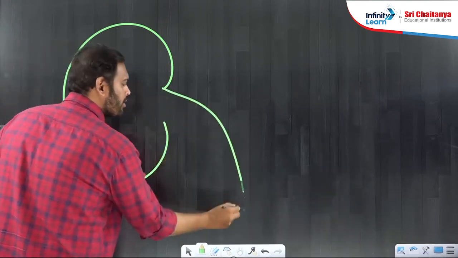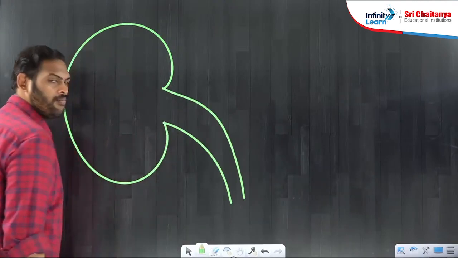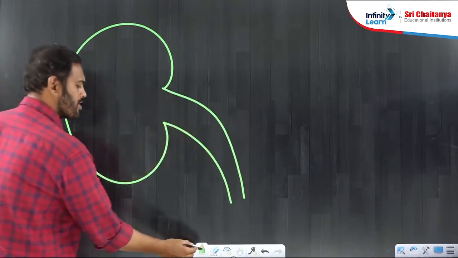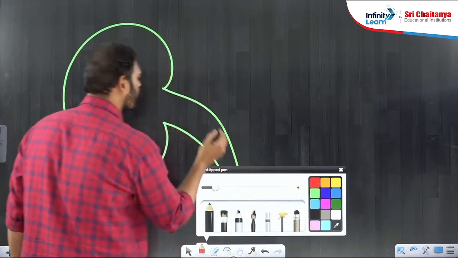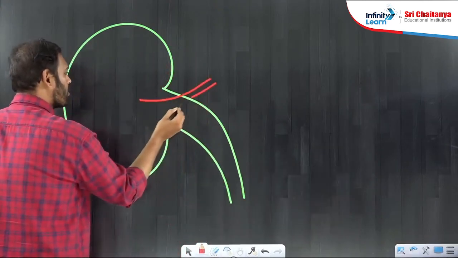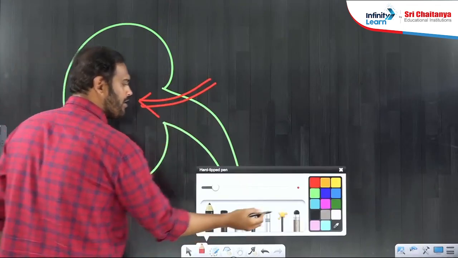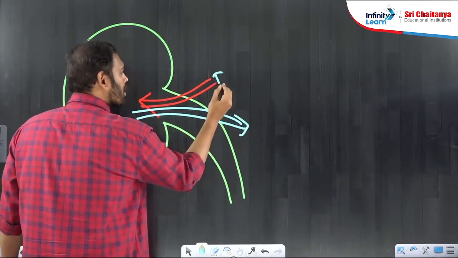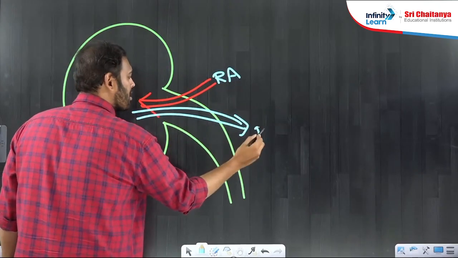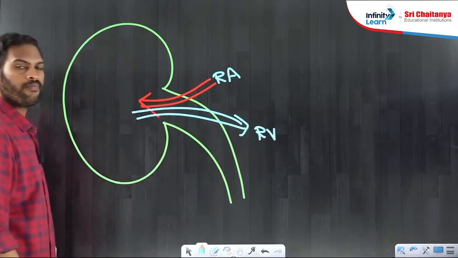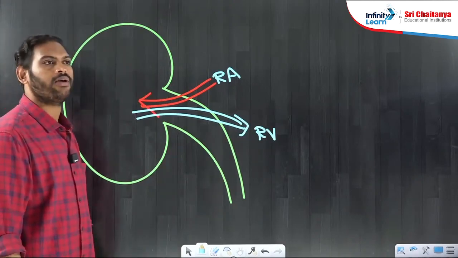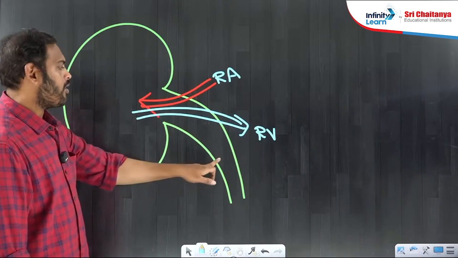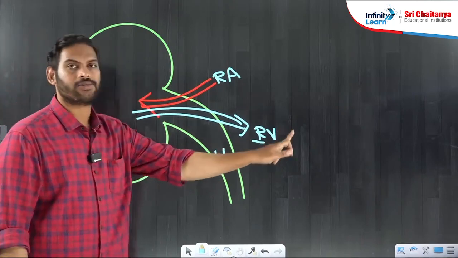The ureter comes out through the hilum because the pelvis extends as the ureter. The renal artery enters the kidney. The renal vein exits the kidney. So you have to think: what enters the kidney, artery; what exits the kidney, ureter and renal vein.